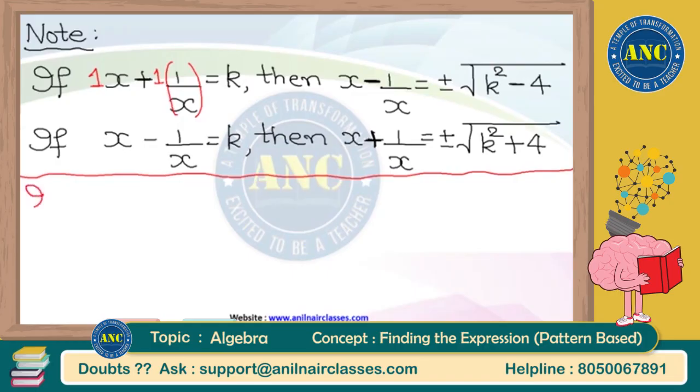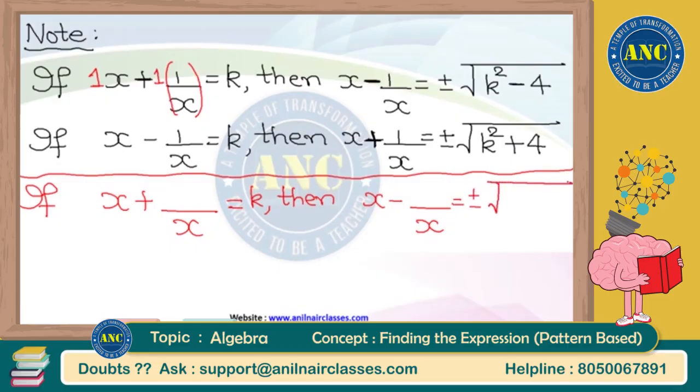Now see here, I am discussing this variety. If x plus 1 by x is equal to k, then we easily know how to find the x minus 1 by x value. This is plus or minus square root of k square minus 4.